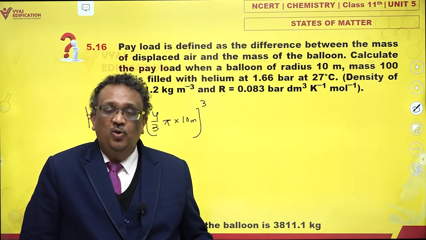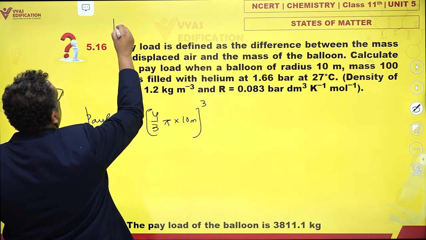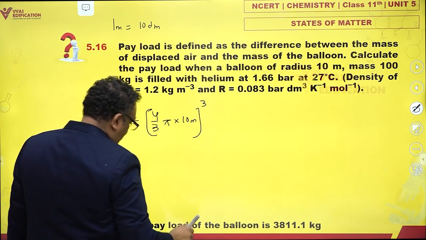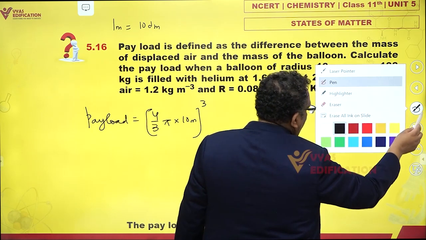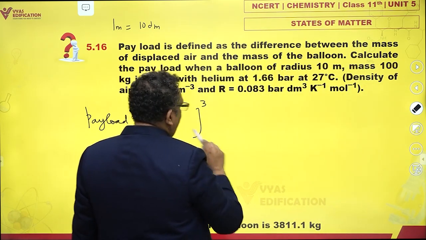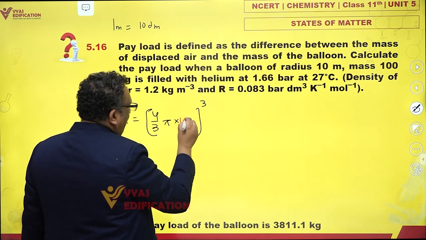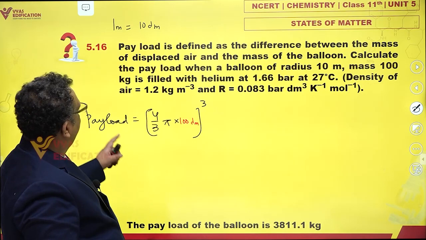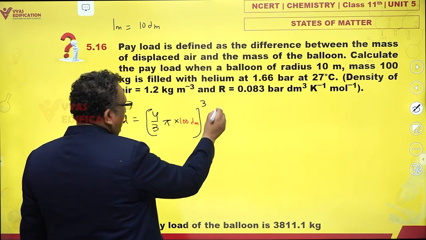Now, if you want to convert this to decimeter, please remember 1 meter is equal to 10 decimeter. So, if you are interested in changing units, one could also change this unit. Instead of 10 meter, I can write 100 decimeters. This becomes easier. So, this is volume of balloon.